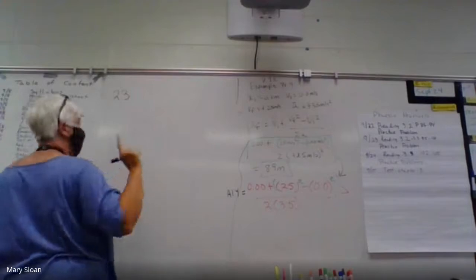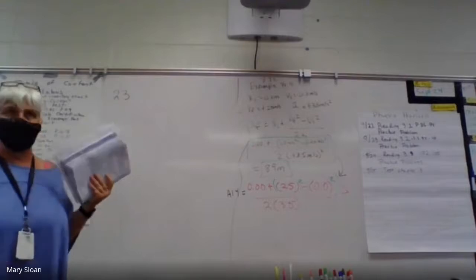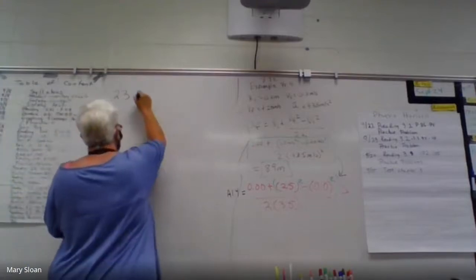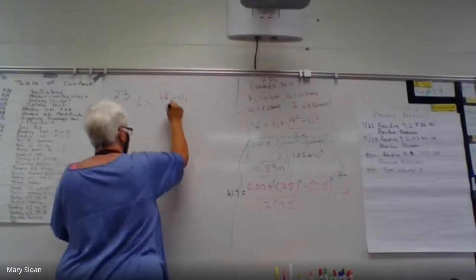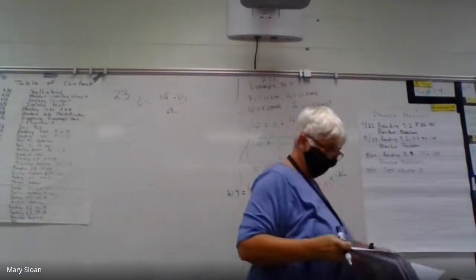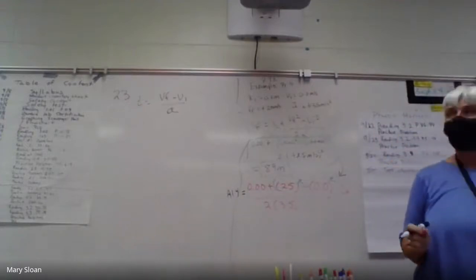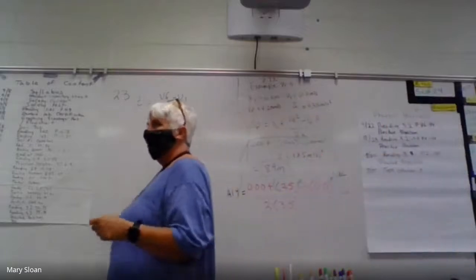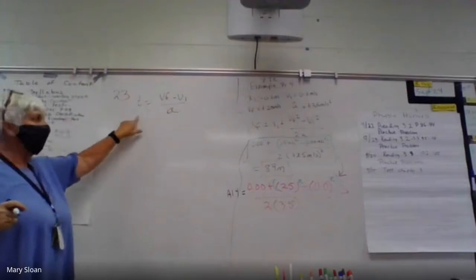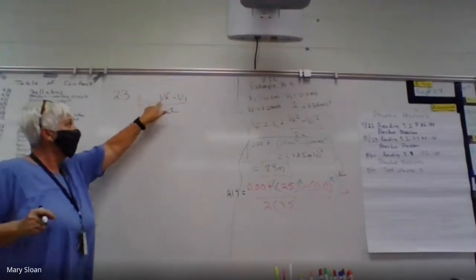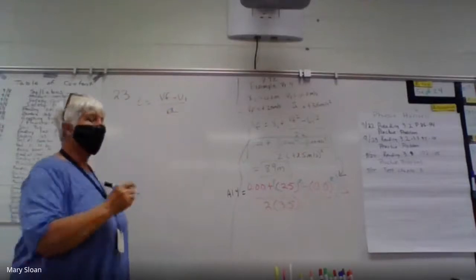What I'm going to do is give you the equation, and we're going to see if you can solve it. Question number 23 is time equals velocity final minus velocity initial over acceleration.